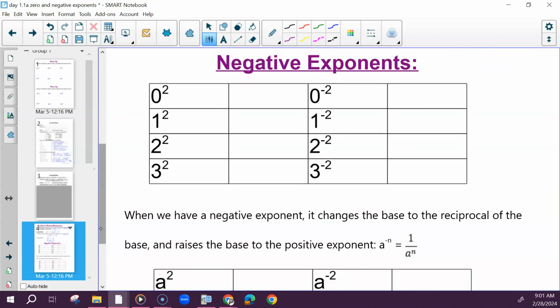So this is one of your rules that you'll need to remember. First, we'll talk about some positive exponents. We know that 0 squared is the same thing as 0 times 0, which is 0. And then 1 times 1 is 1. 2 times 2, 4, and 3 times 3.